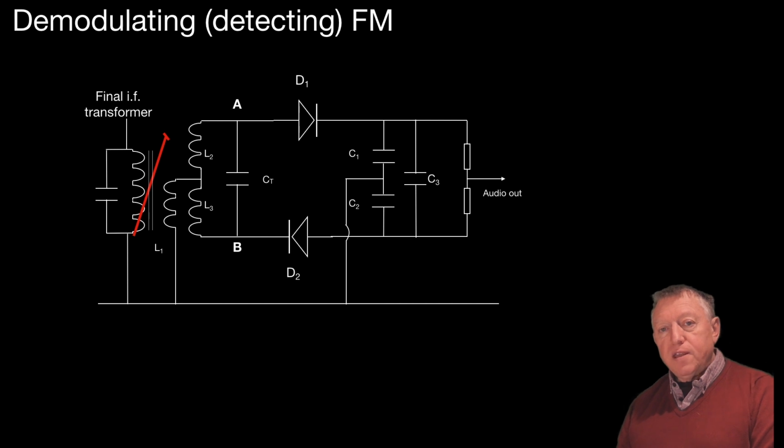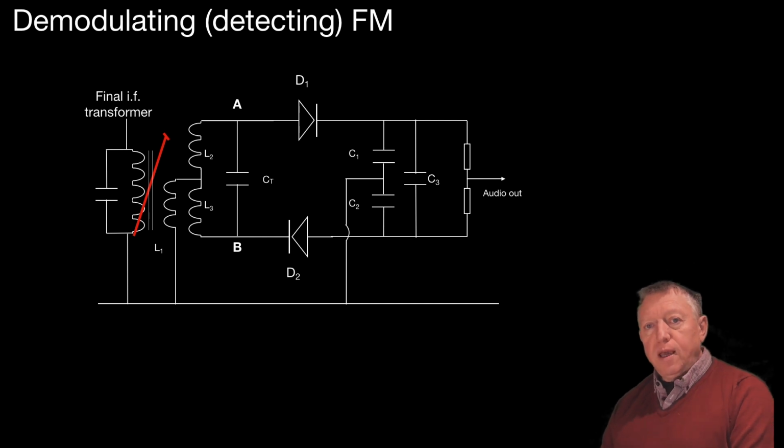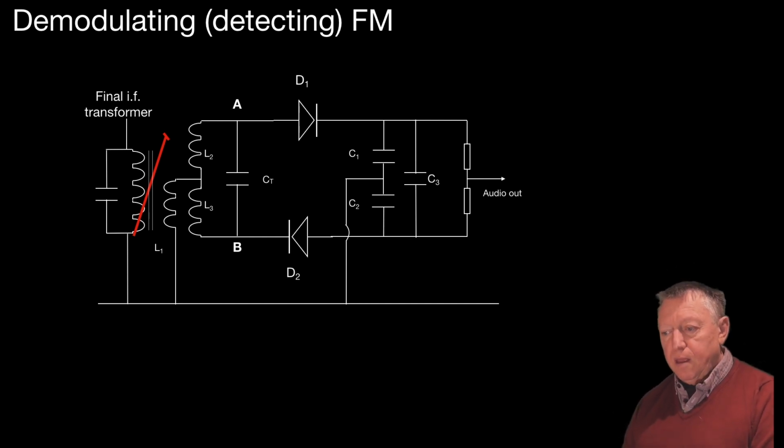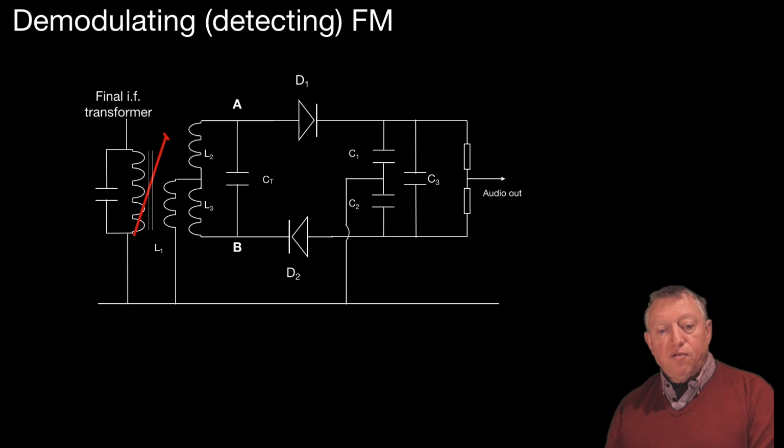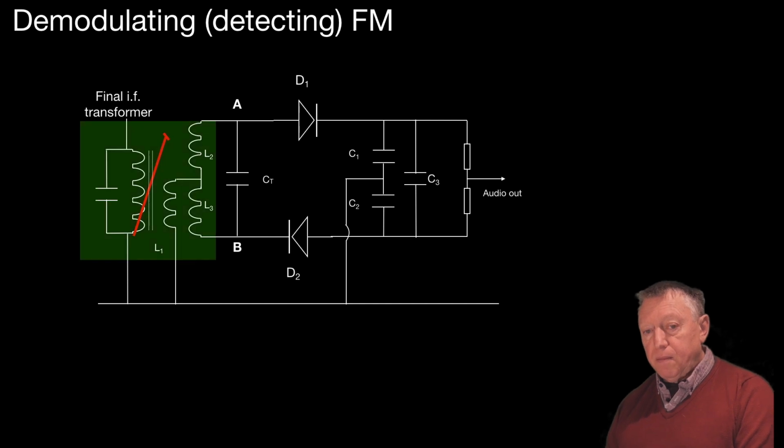Now the operation of this is not exactly intuitive, and I'd advise you to have a look at the book, but essentially it goes something like this. There is the final IF transformer, and there's an extra winding there, L1, on the secondary.